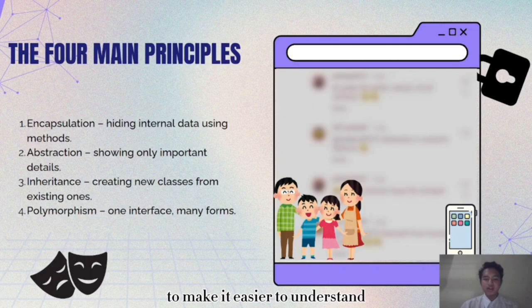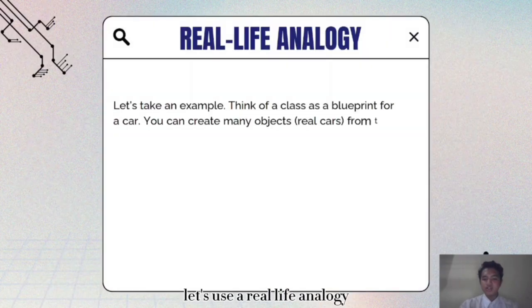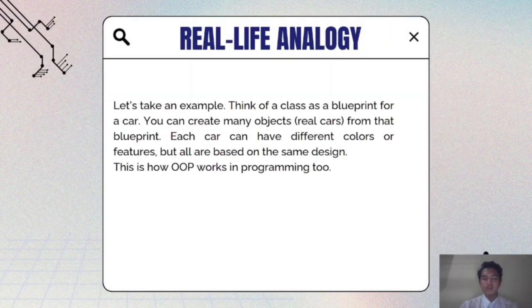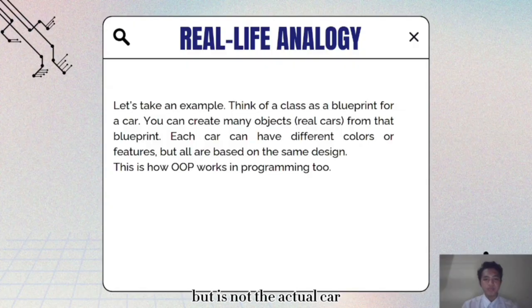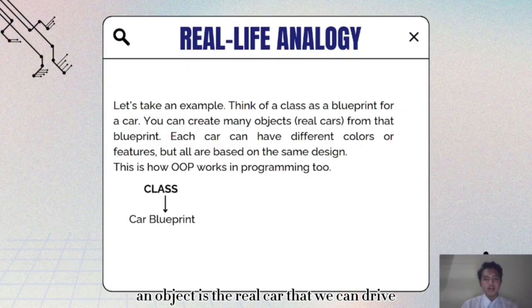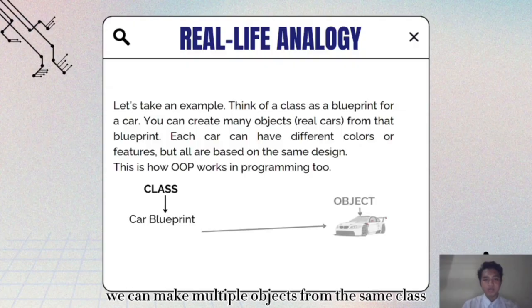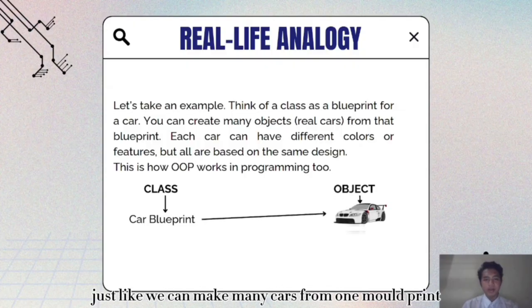To make it easier to understand, let's use a real-life analogy. Think of a class as a blueprint, like a design for a car. It defines what the object should have and do, but it's not the actual car. An object is the real car that we can drive. We can make multiple objects from the same class, just like we can make many cars from one blueprint.